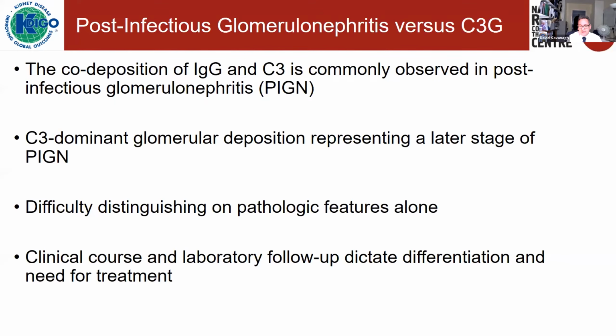And if it's not doing that, then the patient needs a biopsy, and you could well see C3 glomerulopathy in that sort of situation. So for post-infectious glomerulonephritis against C3G, pathologically, it's very difficult. You can't differentiate pathologically, and you need some clinical knowledge to make a complete diagnosis on that.